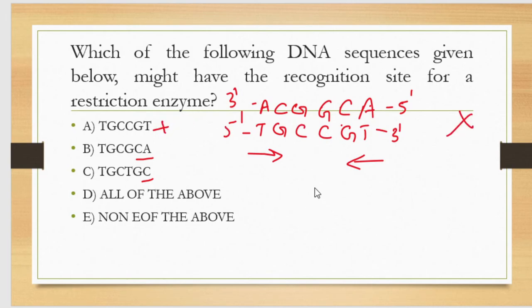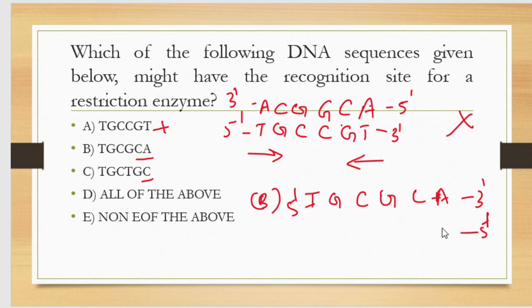Let's go to the second option, B. It is given as T, G, C, G, C, A. Let us say this is 5 prime and then 3 prime. Now write the complementary sequence again.